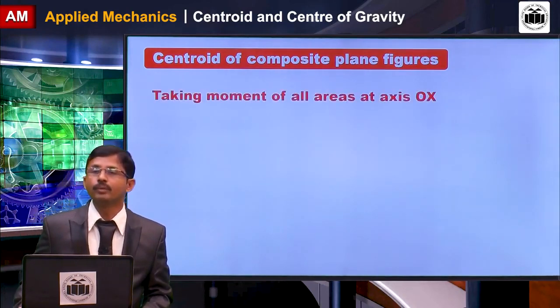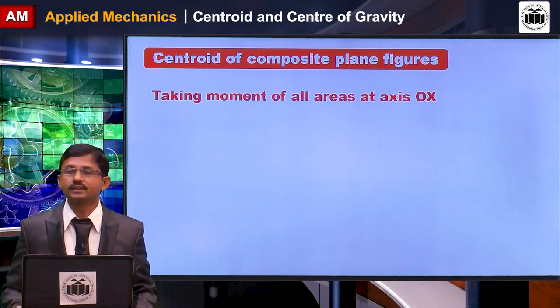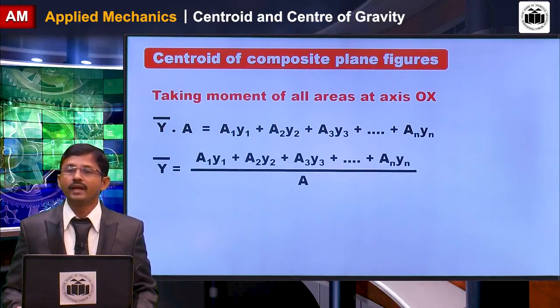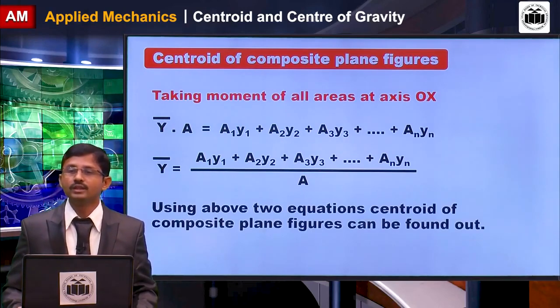Taking the moment about the OX axis, y bar is A1 y1 plus A2 y2 plus A3 y3 up to AN yn divided by total area. Using these two equations, the centroid of composite plane figures can be found.